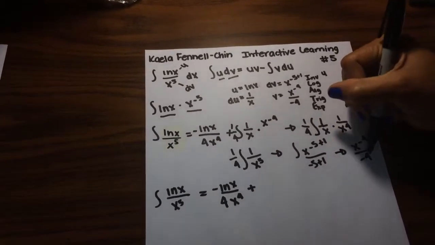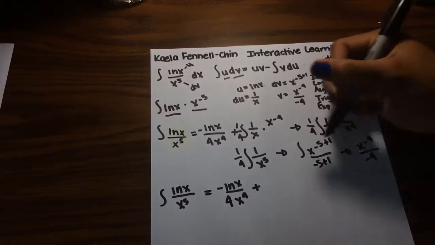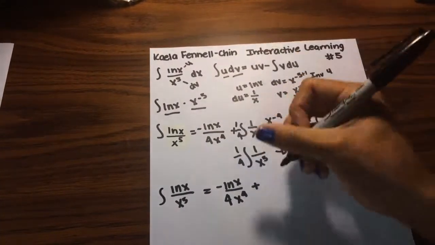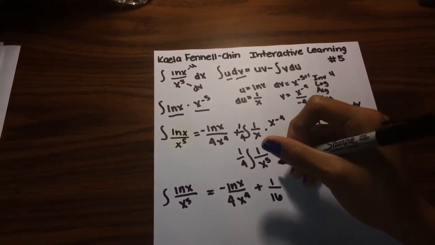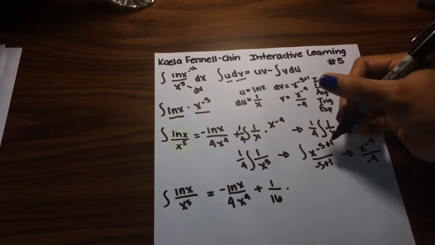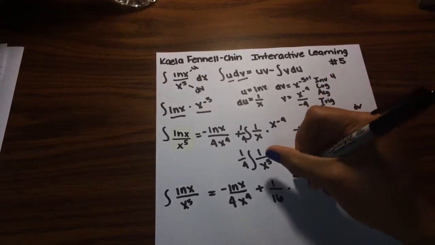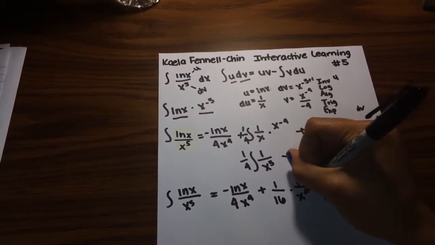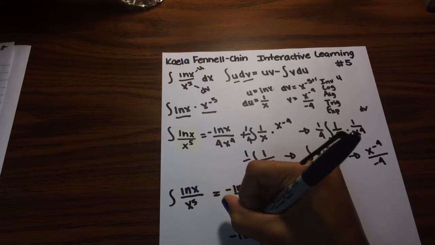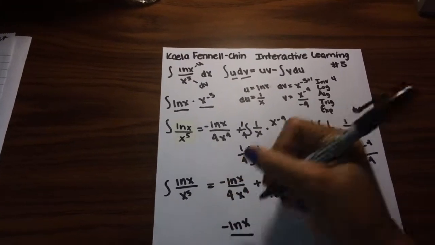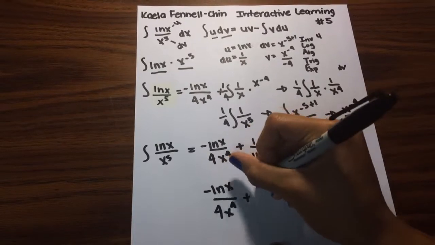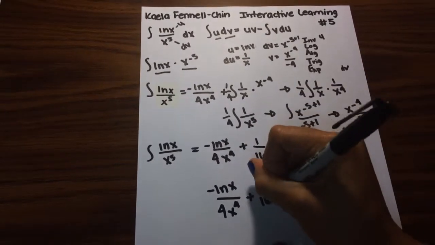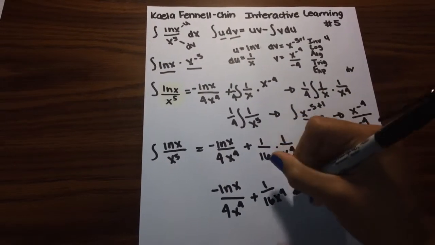So we're going to pull out this negative 4 here and multiply it by this. So we're going to have 1 over 16 times, then we're left with x to the negative 4, which is the same thing as 1 over x to the 4th. So your final answer is negative ln x over 4x to the 4th plus 1 over 16x to the 4th plus c.